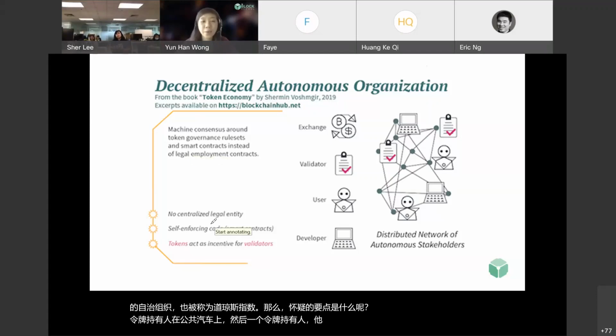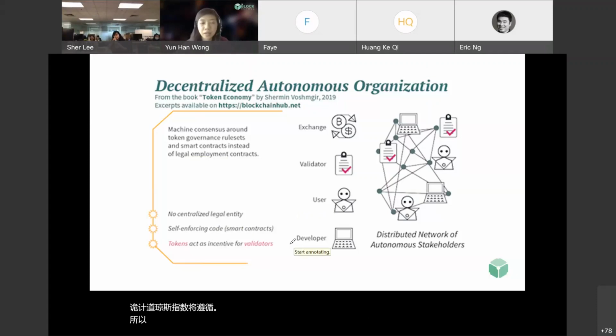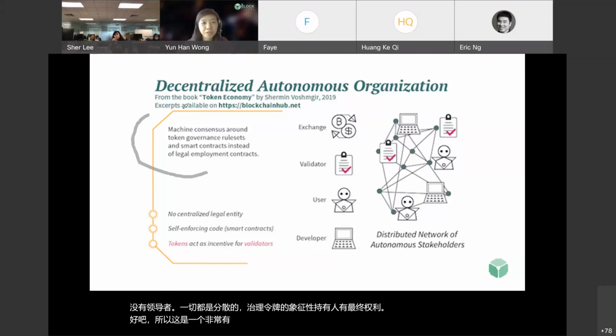And in a DAO, we have coders who code rules that the DAO will follow. So everything is coded. There is no leader. Everything is decentralized. And token holders of the governance token have the final right. All right, so this is a very interesting new form of organization that with blockchain we can enable. Don't need middleman, don't need a boss.